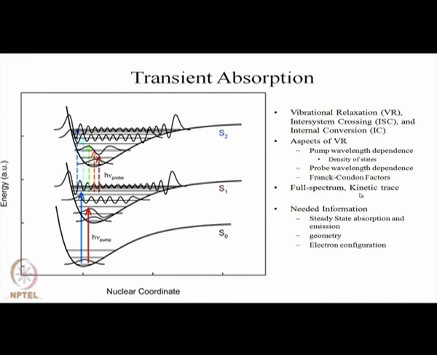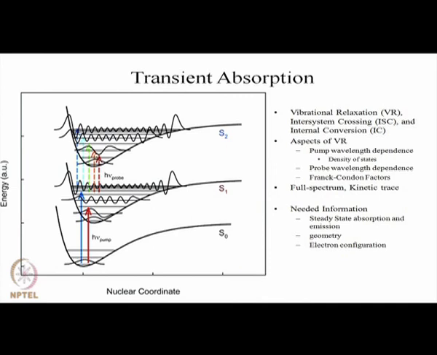So all these aspects, vibrational relaxation, pump wavelength dependence, okay. Probe wavelength dependence will also be there, and then Franck-Condon factor. These are all intricate issues that we may not be able to talk about in more detail, okay. We can get the full spectrum of this species, or maybe we can get the kinetic traces, okay.